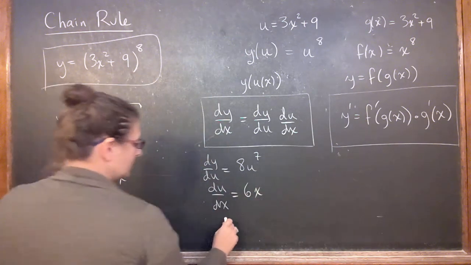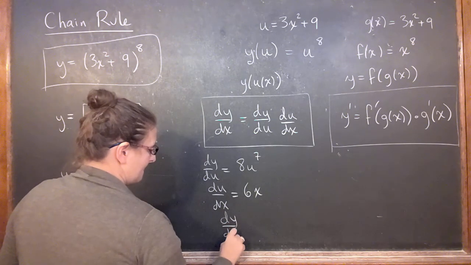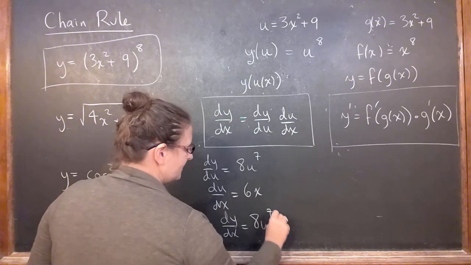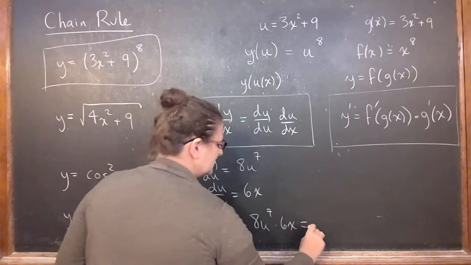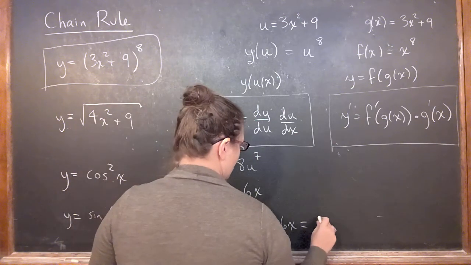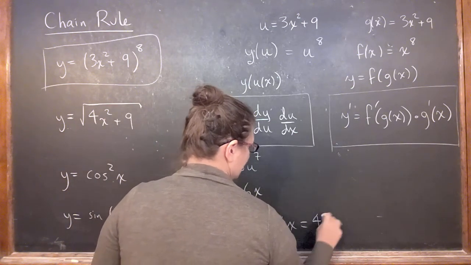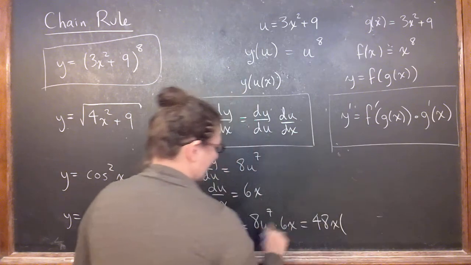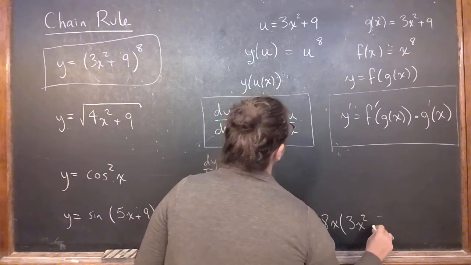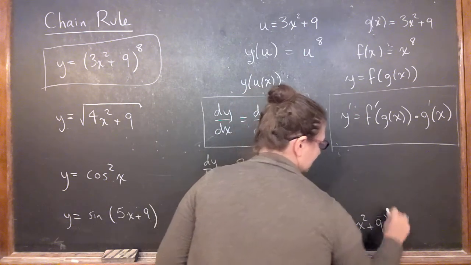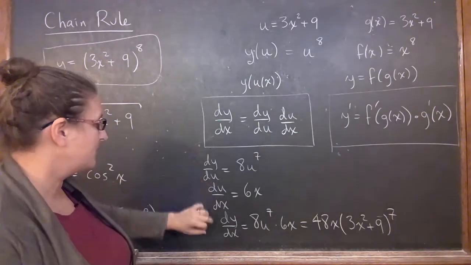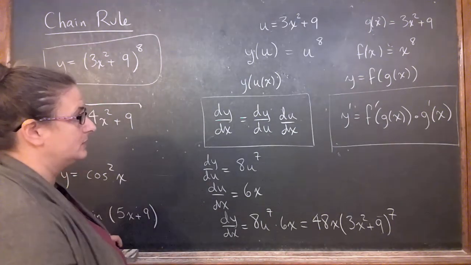So when I look at the whole thing, I get 8u to the 7th times 6x, but u is 3x squared plus 9, so I'm going to put that in there and put these together: 8 times 6x, times 3x squared plus 9 to the 7th. Okay? So if I break it up that way, I can do it that way.